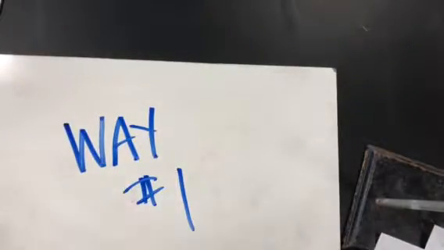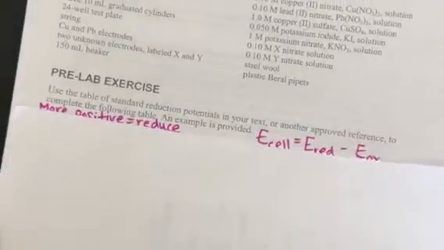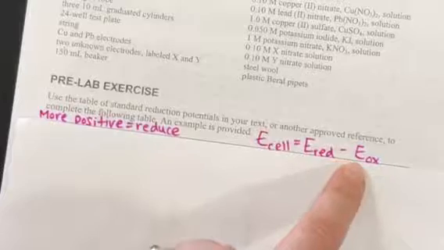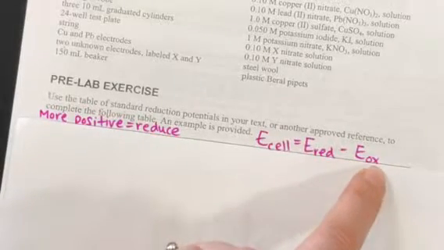The way to calculate the E cell potential, which you have seen before, is this. We can approach it by what I had mentioned before: E cell is equal to the E of the reduction minus the E cell potential of the oxidation reaction.